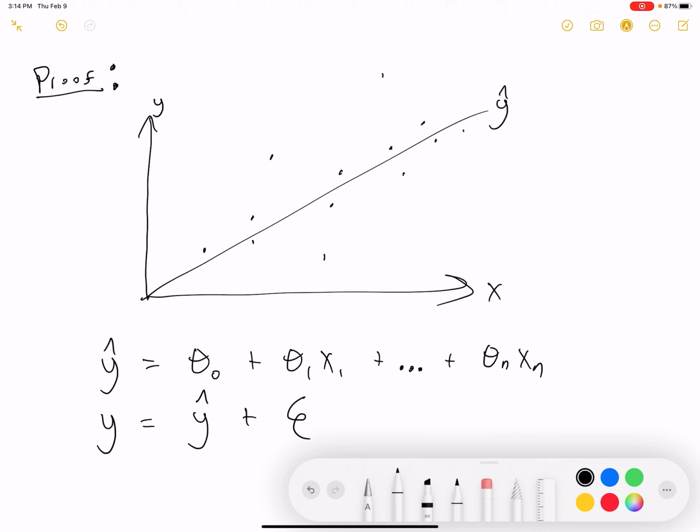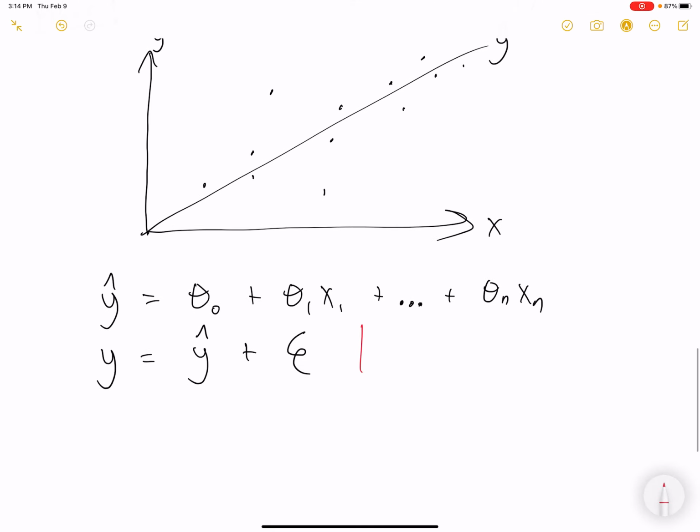So let's write a comment. I'll use a hashtag, like a Python comment, just to write this in English. The true data is the predicted line plus some error.